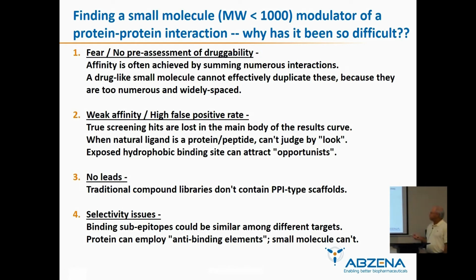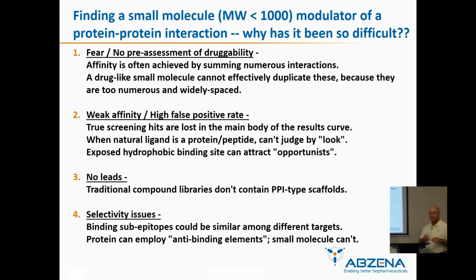So when people did try and did screening, it turns out that there's a high false positive rate when you do a screening of a protein-protein interaction. These exposed hydrophobic binding sites can attract opportunists, so small molecules that just glom onto a hydrophobic surface.